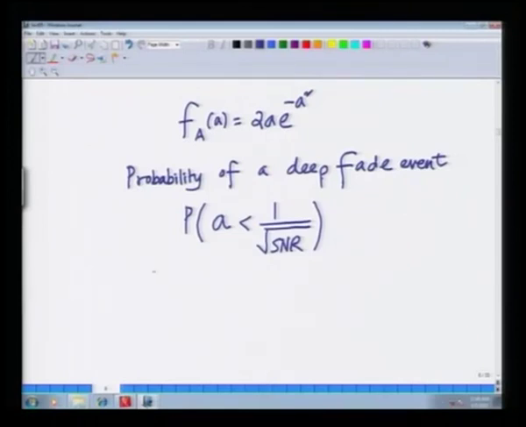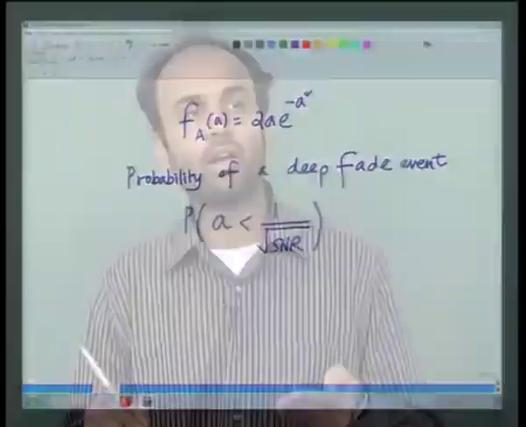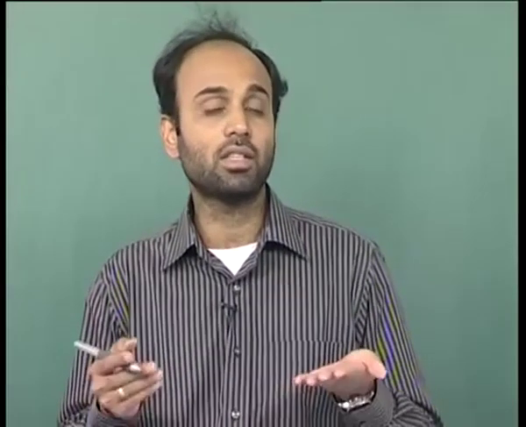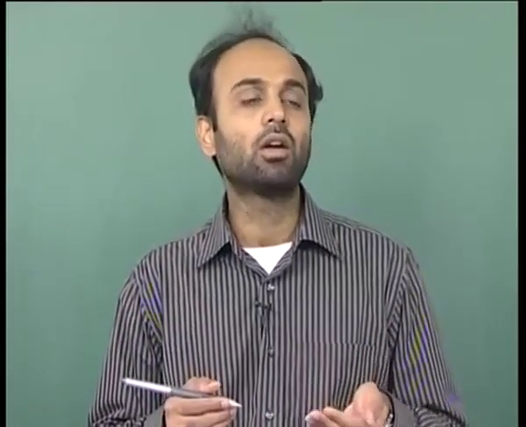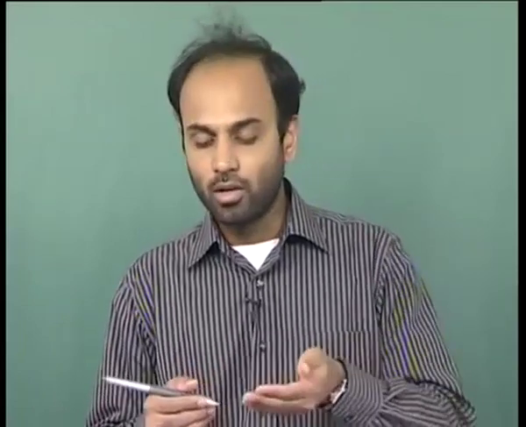That is, if A is less than 1 over square root of SNR, then the wireless channel is in a deep fade and the bit error rate is very high, because the signal power is much less than the noise power. If the signal power is less than the noise power, then the signal to noise ratio is very low, which means the bit error rate of that system is very high, or the performance of that system is very poor.